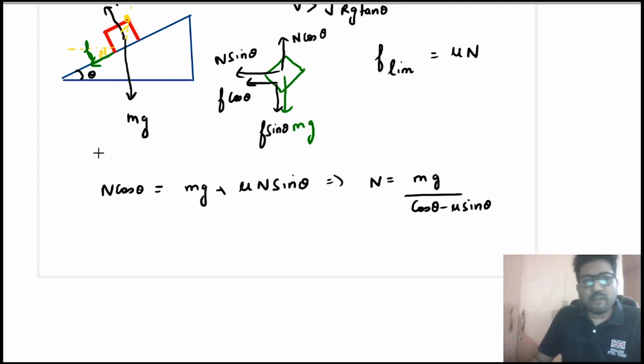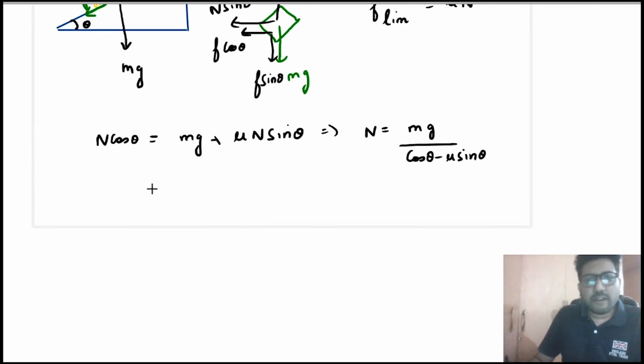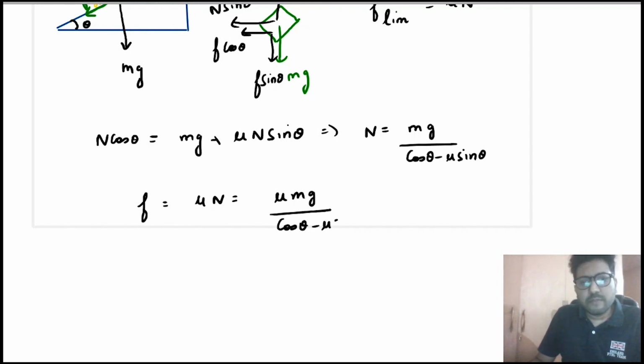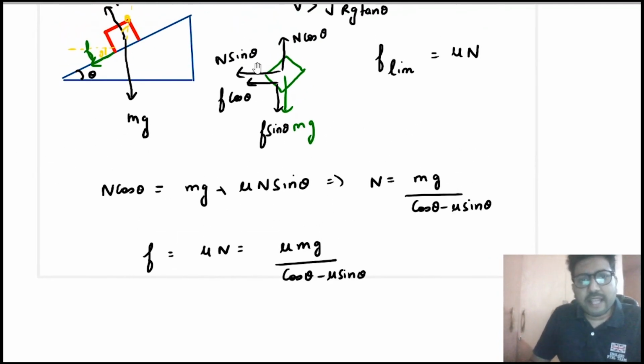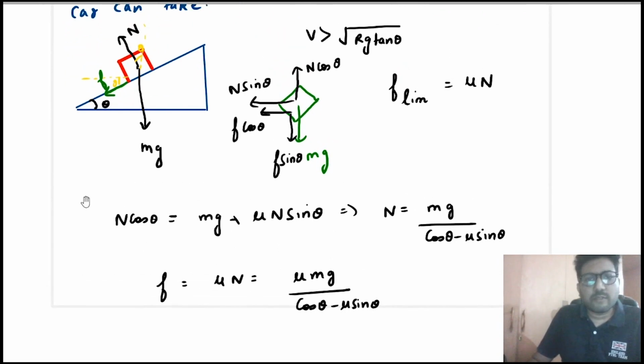So this is the value of N. If this is N, what will be the value of F? F will be mu N, that will be equal to mu mg upon cos theta minus mu sin theta. Now you can see that N sin theta and F cos theta are together providing the centripetal force for the circular motion of the car.